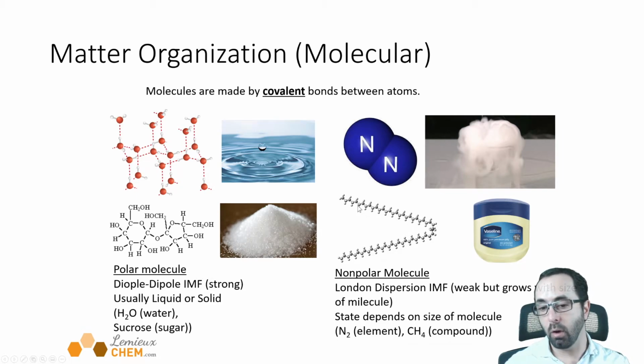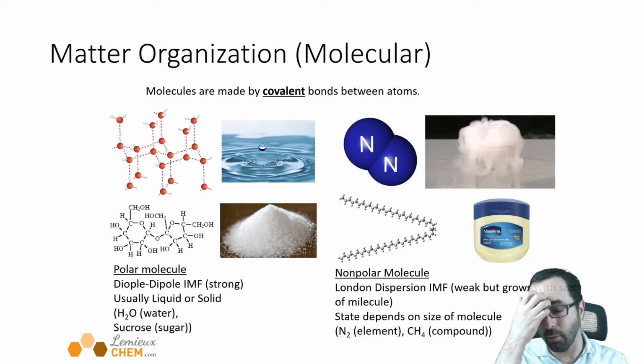But for a very large nonpolar molecule, this is a nonpolar molecule because it only has carbon-hydrogen bonds, which are nonpolar. The London dispersion forces can get quite large, and so you end up with a solid. This is what would compose something like Vaseline or petroleum jelly. It's solid, but it's also a goopy solid, right? So you can tell that the attractive forces, although strong enough to make it a solid, are still relatively weak relative to something that's very hard, for example.